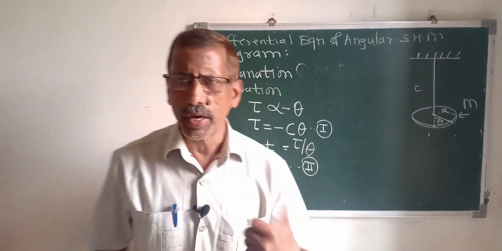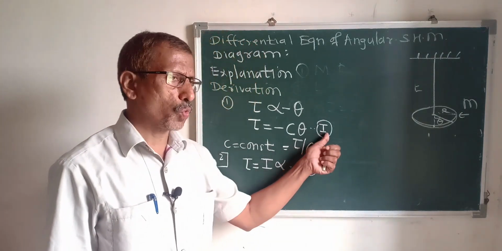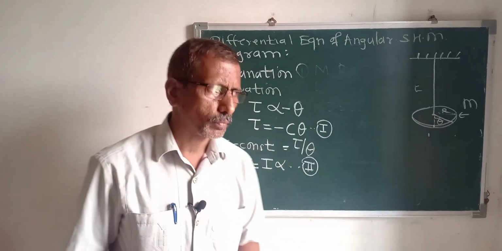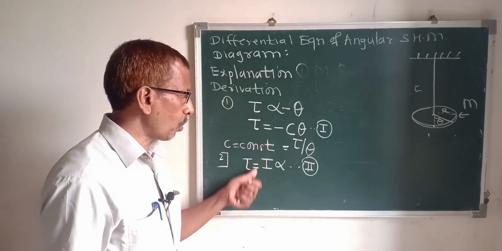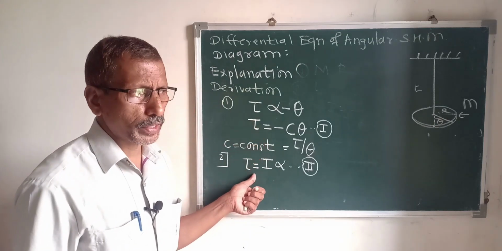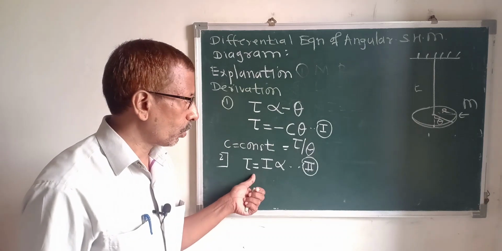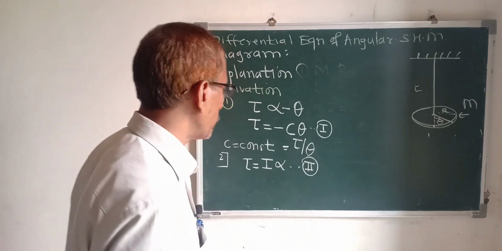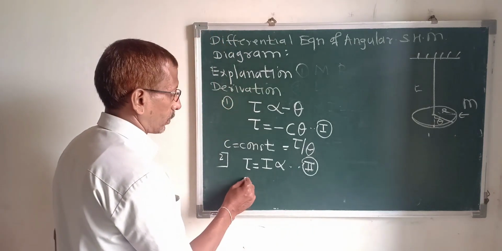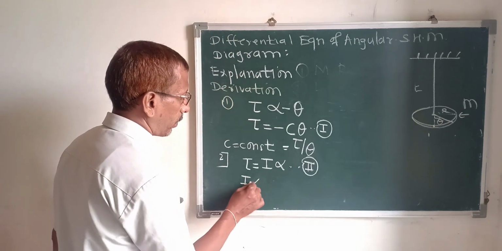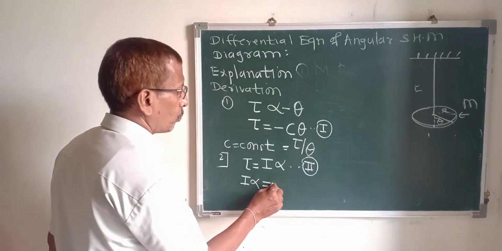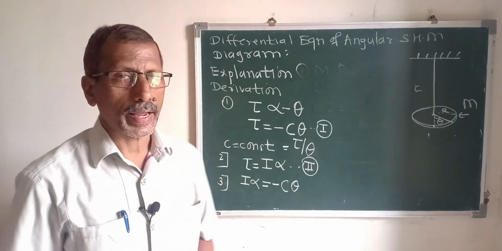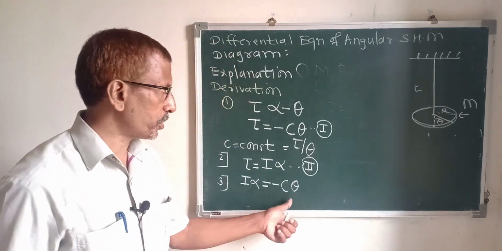So when we compare equation number 1 and equation number 2, we observe that the left hand sides of equations 1 and 2 are the same. So the right hand sides of these two equations must be the same. So we can write I alpha is equal to minus c theta.